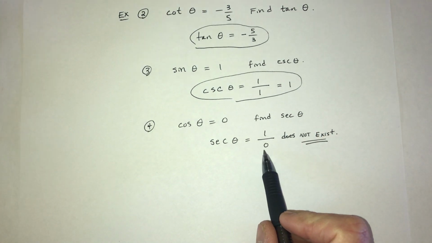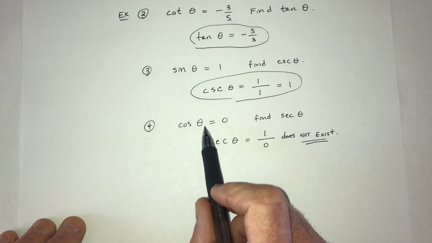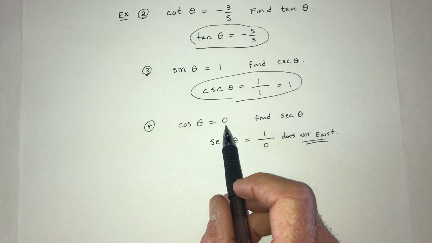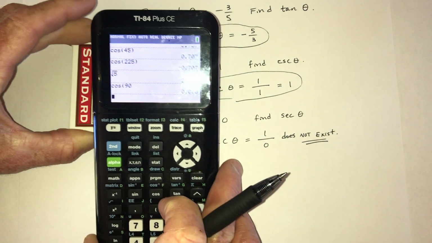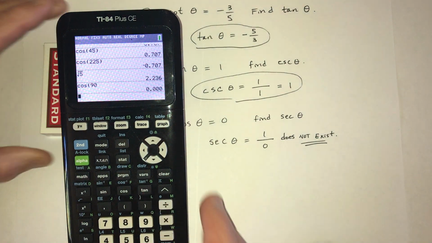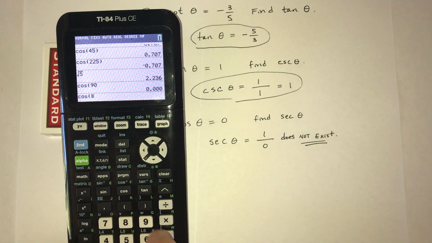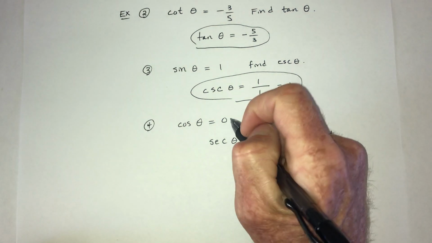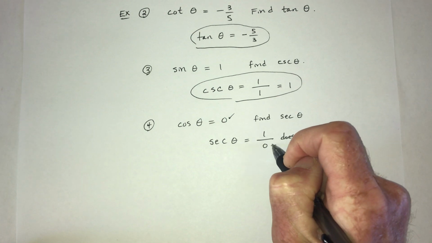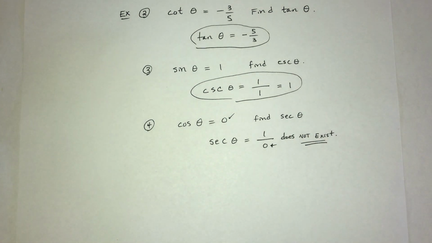So division by 0 is not possible. This, cosine equals 0, yes, that's possible. Because, if I can get rid of the glare, if you take cosine of 90 degrees, it equals 0. So even though this original one is possible, when you divide by 0, that does not exist.